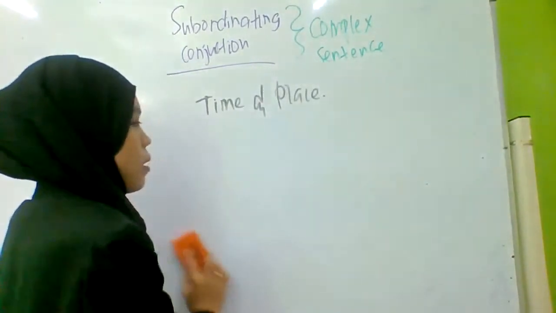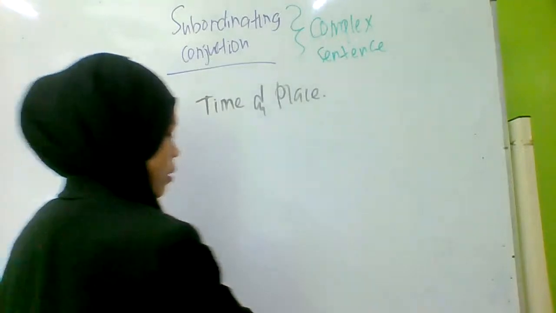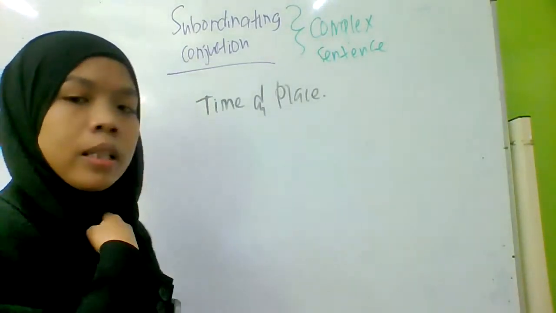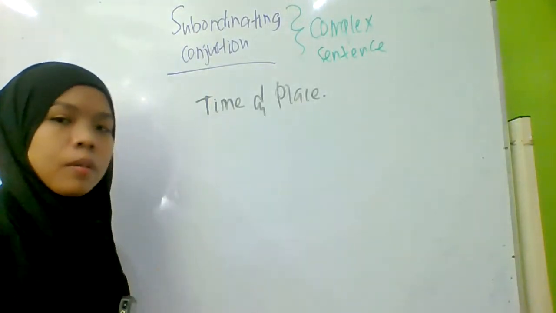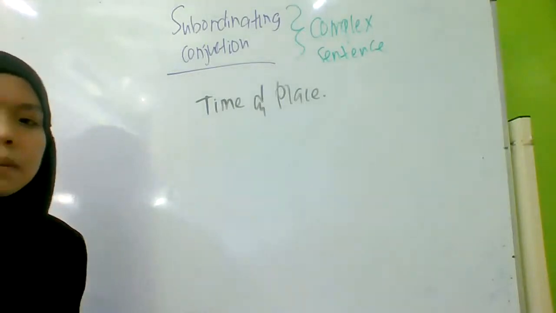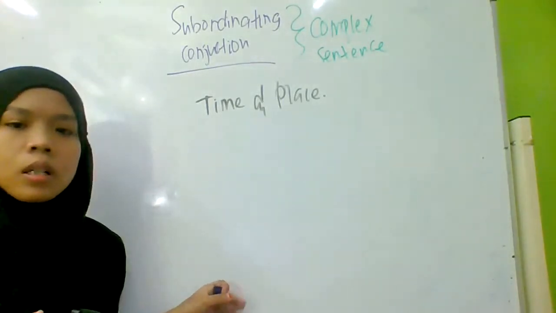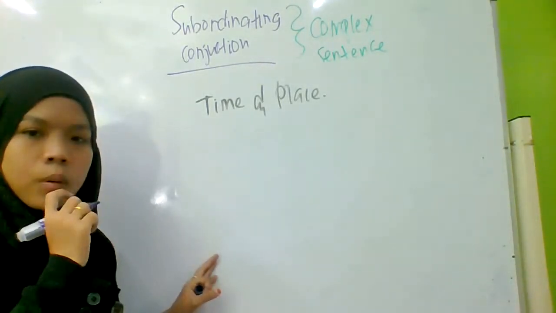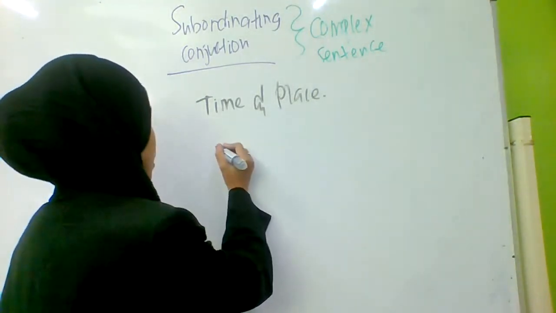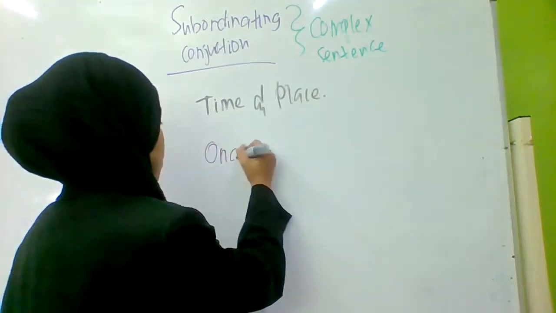Let's build a sentence. We have now listed some subordinating conjunctions for time. Once also can be used: once I found somewhere to live. So we use once.